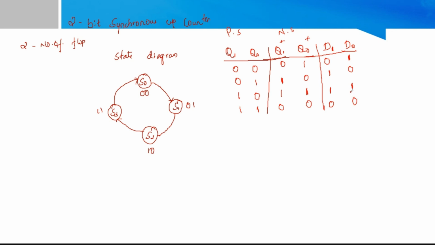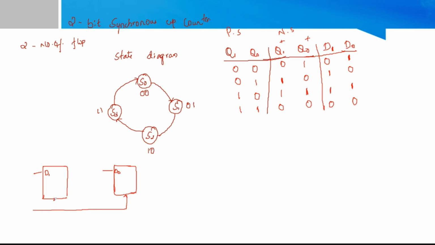So now you have to get the expression for D0 and D1. Why? Because you have the circuit here, with D1 and D0, but you don't know what the input is. You don't know what the equation at D1 and D0 is, or what you have to connect.